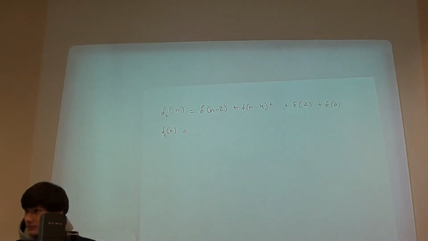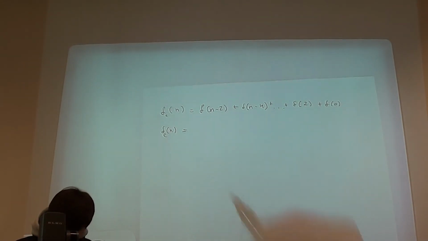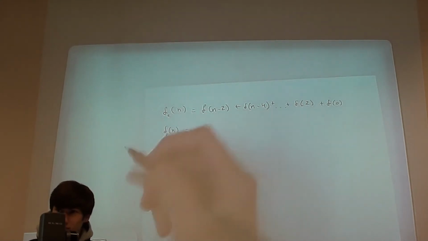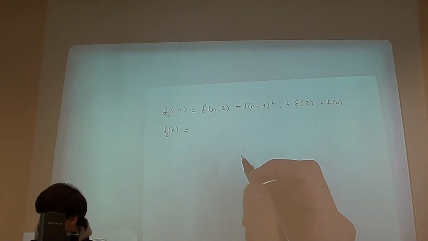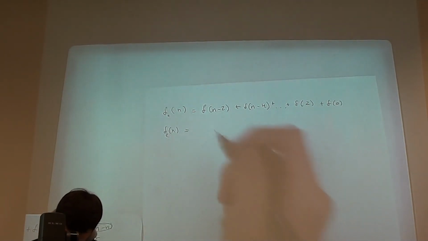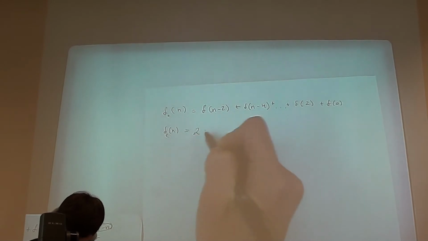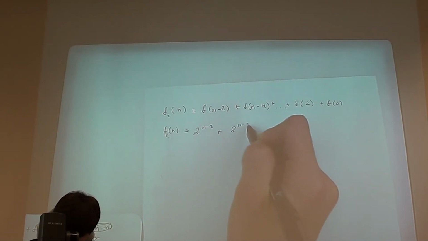When the first number is 1, right? And that's not allowed. We said even numbers only. Therefore, we skip f of n minus 1. We also skip f of n minus 3 because the first number is 3. Therefore, you only add n minus 2 and n minus 4 and so on. Does that make sense?